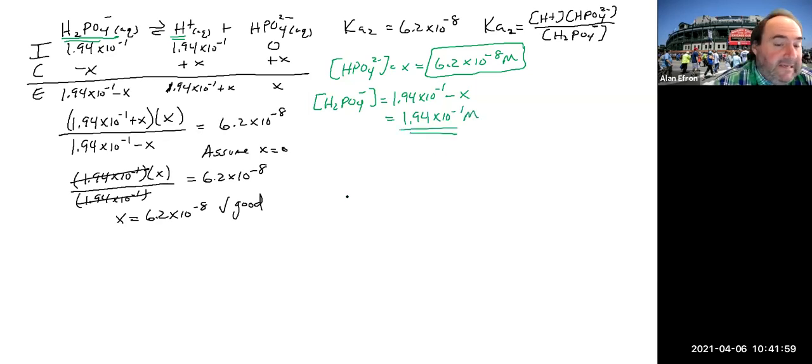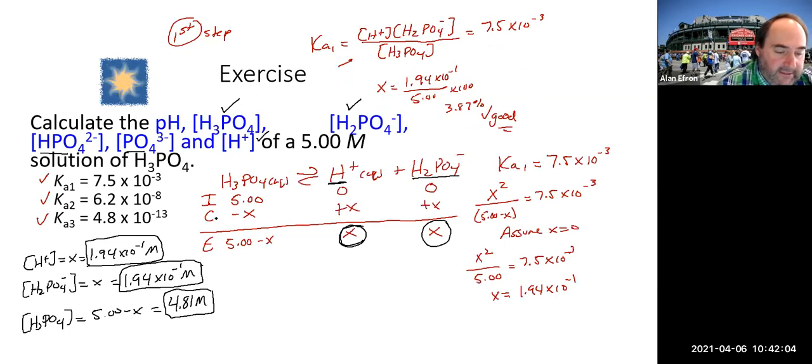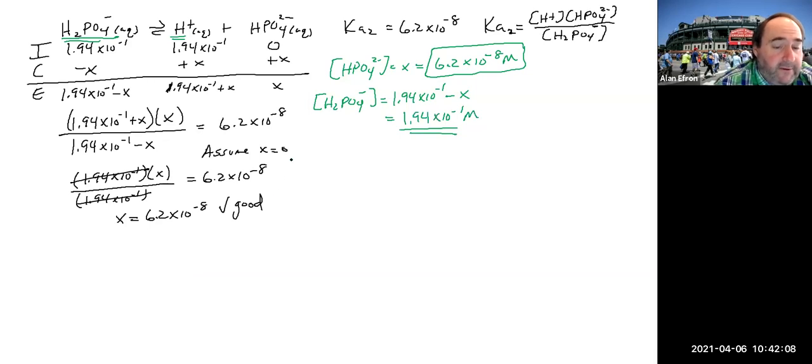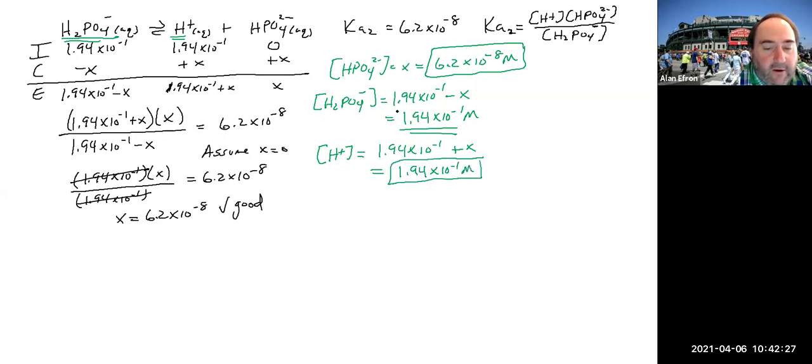It pretty much did not change from what we had over here, right? That's exactly what we had right there. Now, what happens with our H plus concentration at this point? Well, we take 1.94 times 10 to the minus 1 plus X in this case. If you do that as well, you end up with 1.94 times 10 to the minus 1 molar as well. It also has not changed very much.